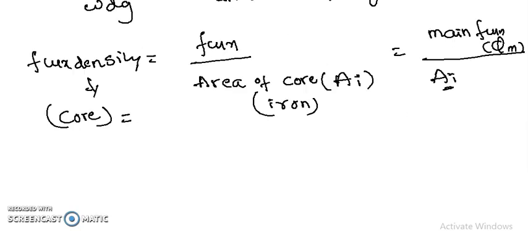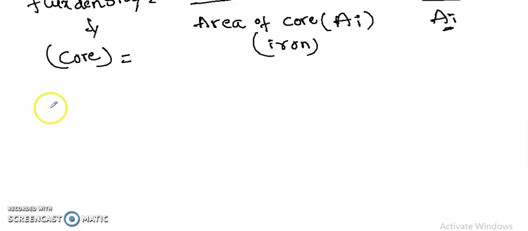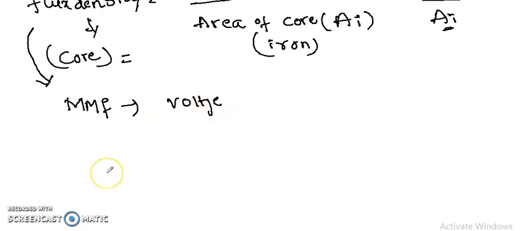Next, one more parameter. If you are talking about flux density, we have to check the MMF of that core. What is the meaning of MMF? It is just like a voltage in our electrical field. Flux resembles the current.